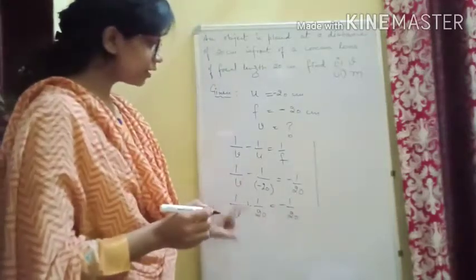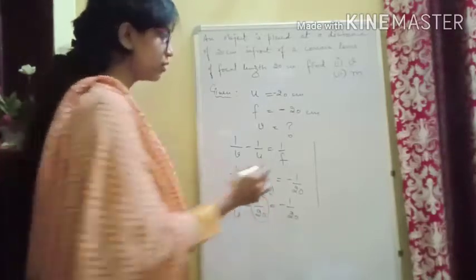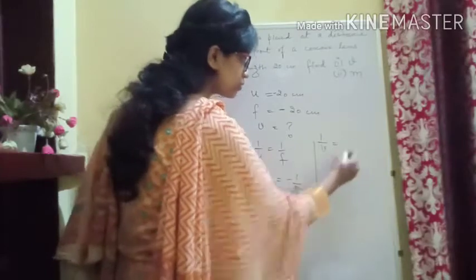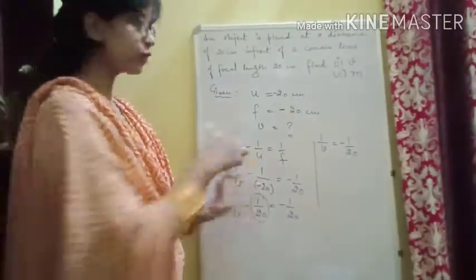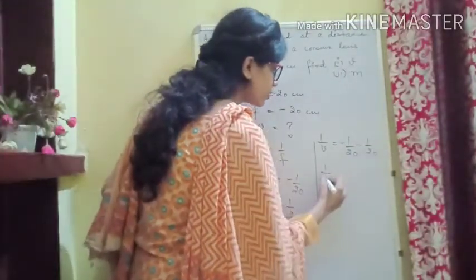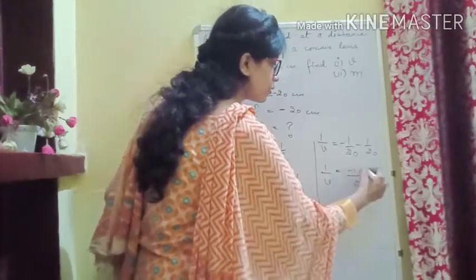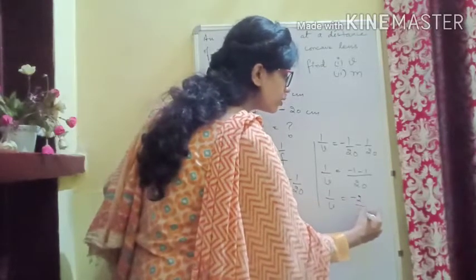To calculate this V, we are taking this 1 upon 20, which is with a plus sign, to that side. So it will be 1 upon V equals, this was minus 1 upon 20, and when you take this plus 1 upon 20 to that side, it will become minus 1 upon 20. Now you have to take the LCM, which is 20, so it will be minus 1 minus 1. 1 upon V will be minus 2 upon 20.